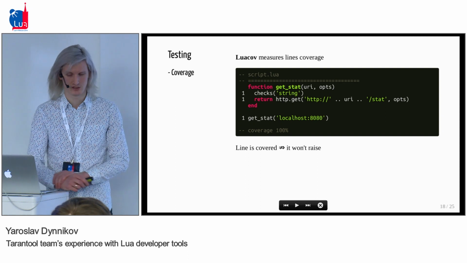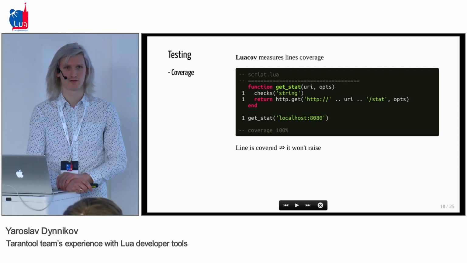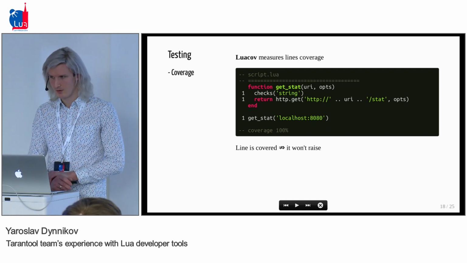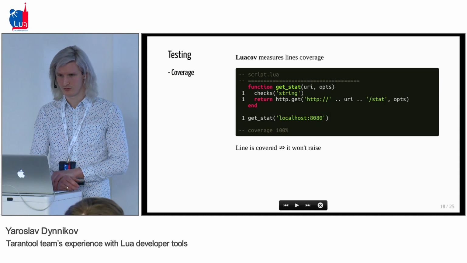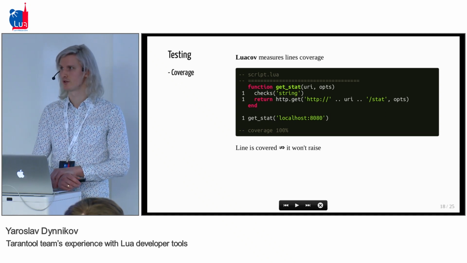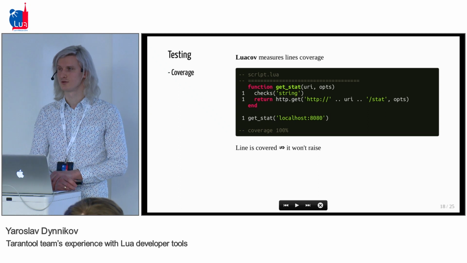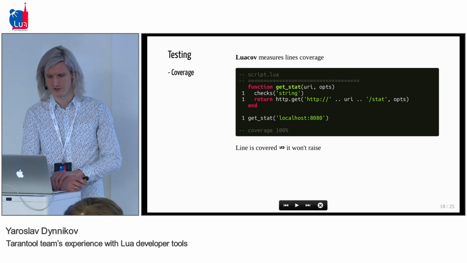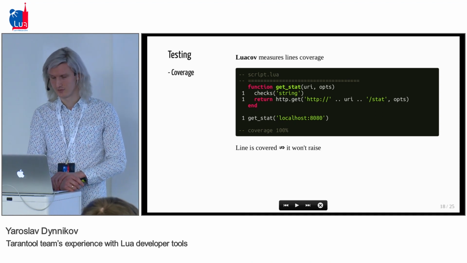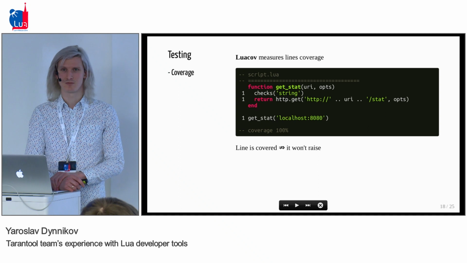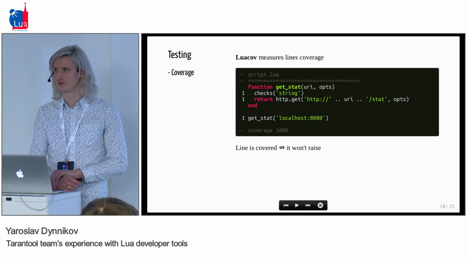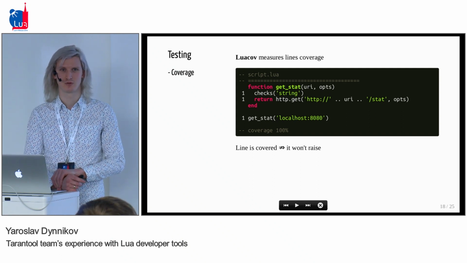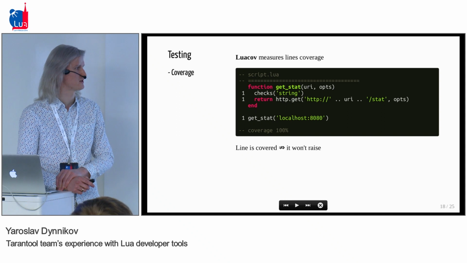But another interesting thing in testing is code coverage, which is usually measured for your code. Here I want to give a warning about line coverage and the popular tool LuaCov that measures it, because sometimes it is likely to misinterpret high line coverage as low errors.